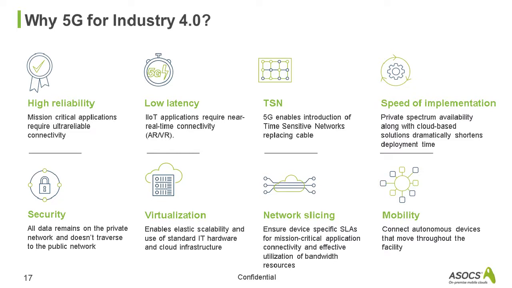Then, of course, other implementation factors, such as virtualization, which in the macro network may be deemed as a way to improve efficiencies in the way the network is operated. In the industrial use case specifically, or in enterprise generally, how do you deploy, manage, and consume the 5G service is no less important than some of the other features that 5G can present.